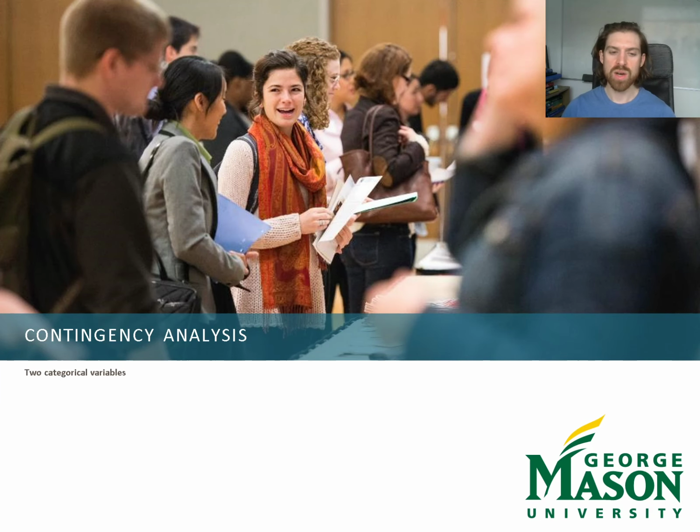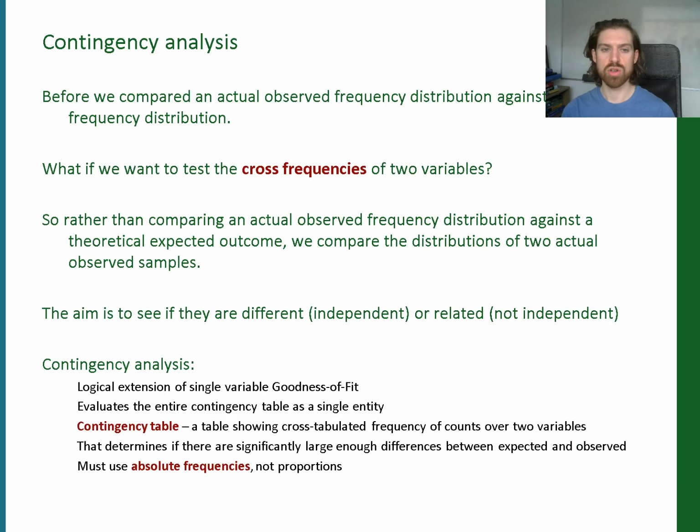So let's move on now. We've covered chi-squared, we've covered the Kolmogorov-Smirnov test assessing normality. So we looked at uniform data in the first instance, and we looked at normality in the second instance. And now we're moving on to contingency analysis, so two categorical variables. Before, we compared an actual observed frequency distribution against an expected frequency distribution.